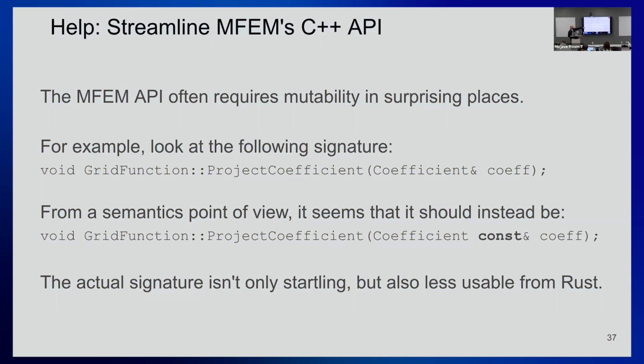This basically means if you want to use this from Rust, you have to pass a mutable reference in there. That means when you define the coefficient itself, you also have to mark it mutable, otherwise you cannot have a mutable reference to it. This mutable marking pollutes everything in your code.